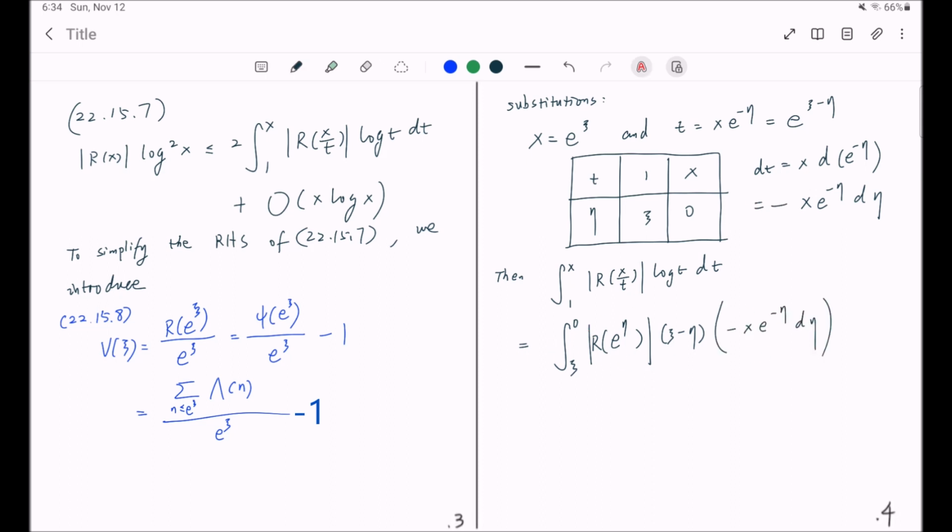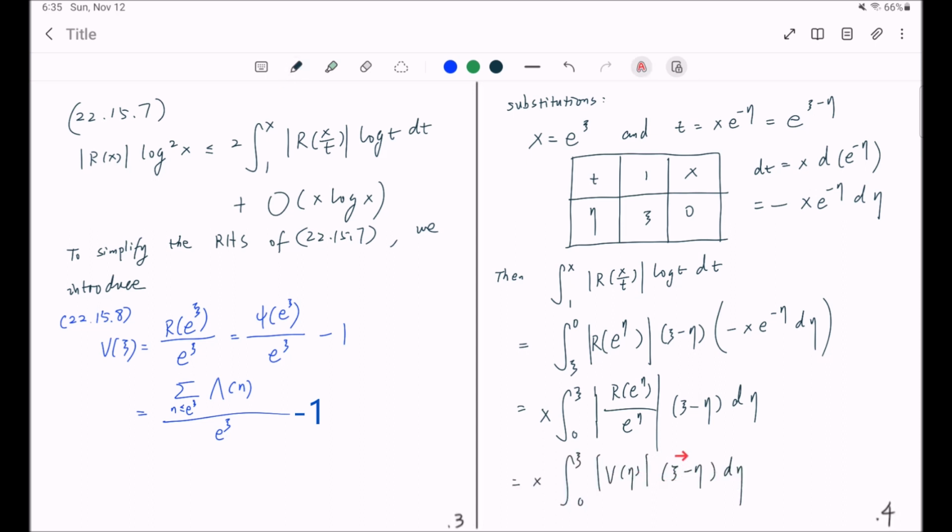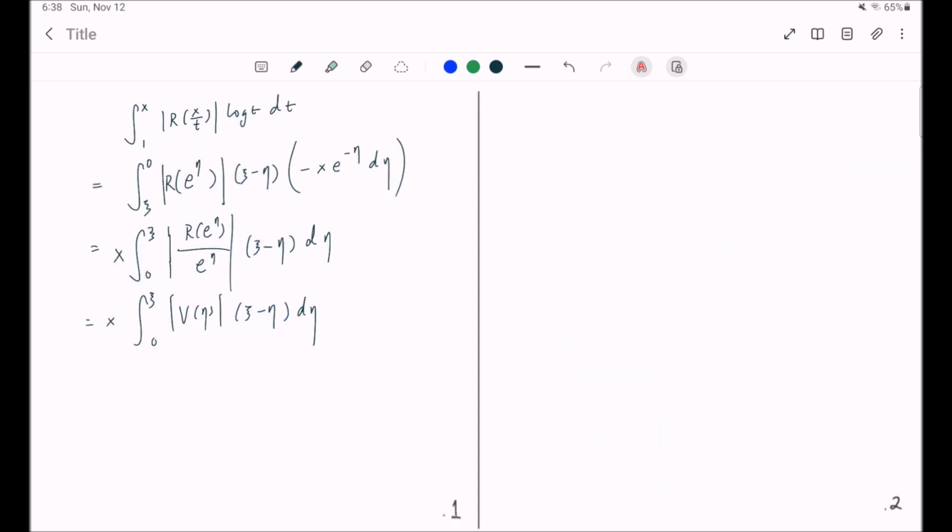And now we reorganize them. By our new notation, this ratio is precisely v of eta. So this is the integral we obtained. And now we perform the following trick.